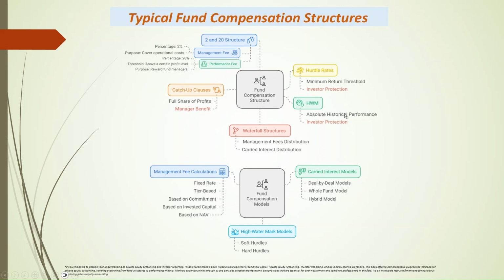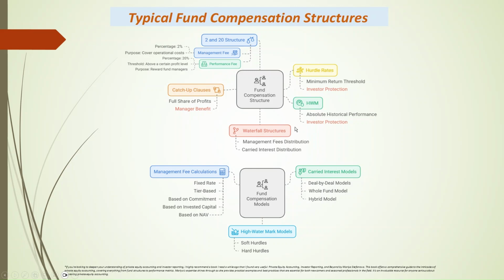High watermark focuses on absolute historical performance, while hurdle rate sets a minimum return threshold. Catch-up benefits managers by allowing them to receive the full share of profit once conditions are met, balancing out the effect of hurdle rate.